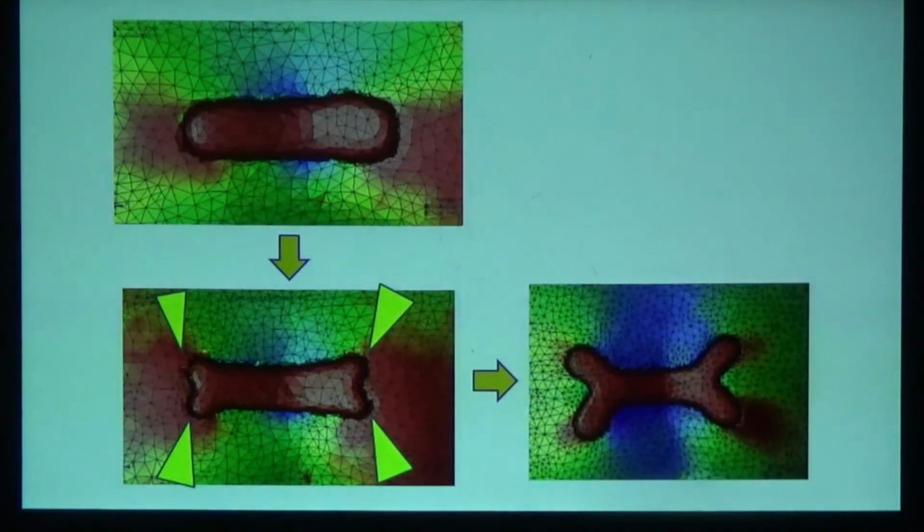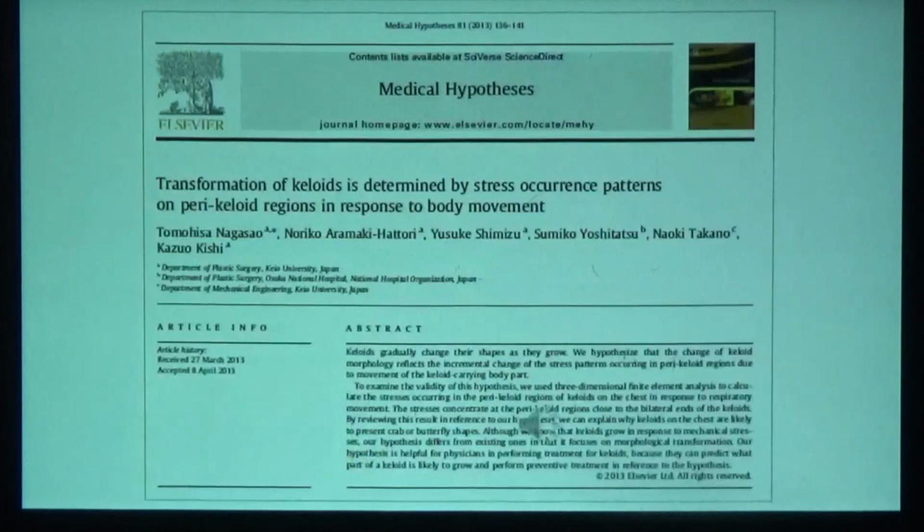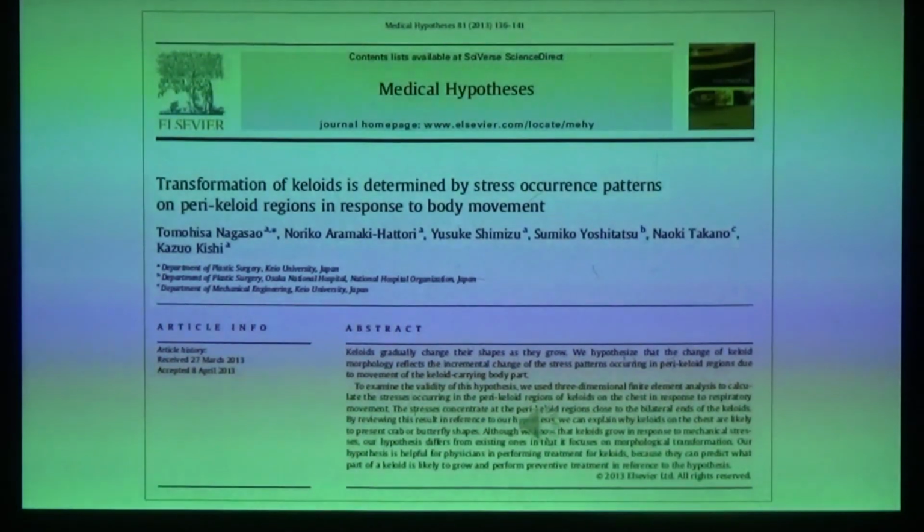Eventually, the scar grows into the X-like shape shown in the right below figure. Thus, we can explain why keloids tend to present shapes like crabs. In 2014, we reported this hypothesis in the journal Medical Hypotheses.